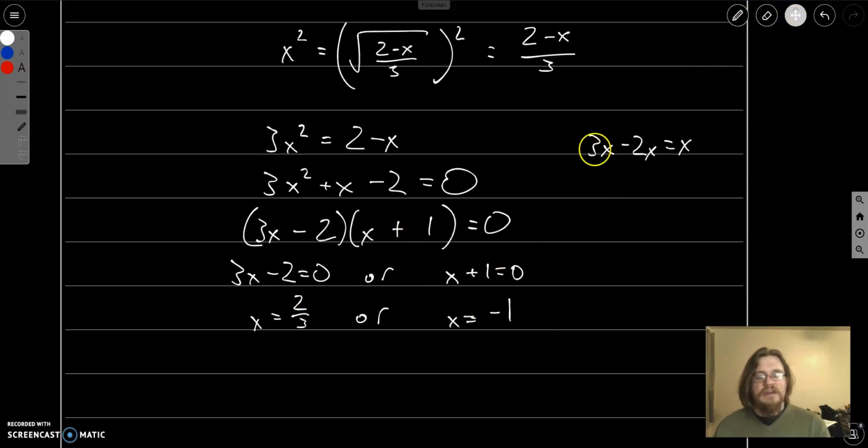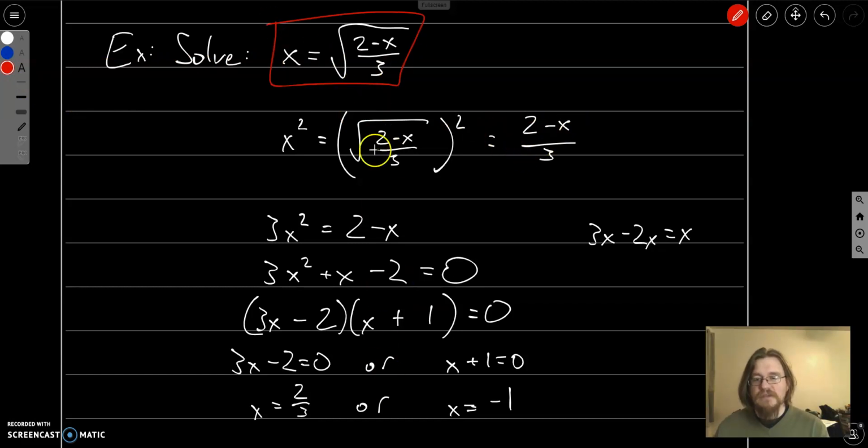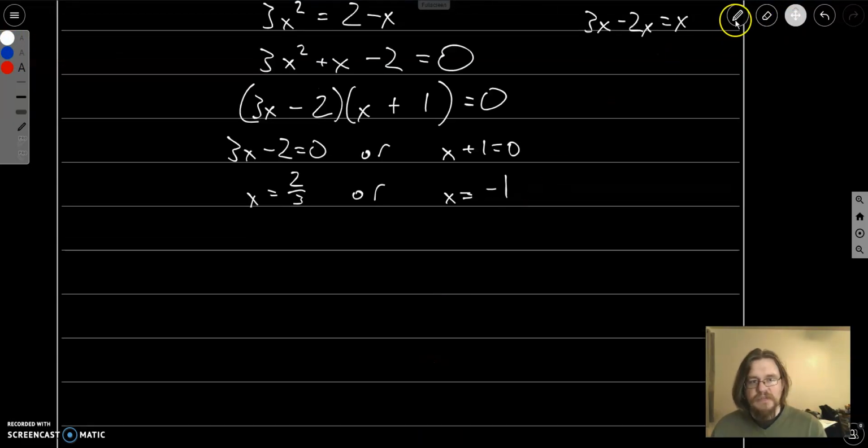So again, what we started with was not a polynomial, so we do need to check if these make sense. Let's check this one on the left-hand side first. So we had the square root of (2 minus x) over 3, which in this case is 2/3.